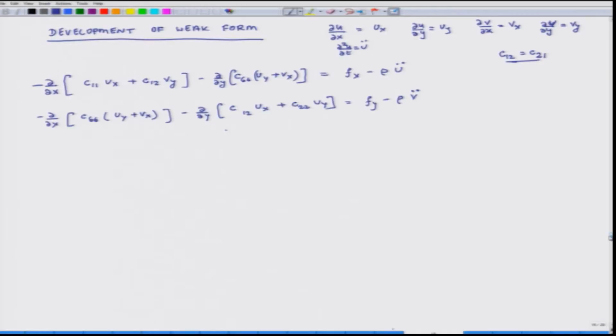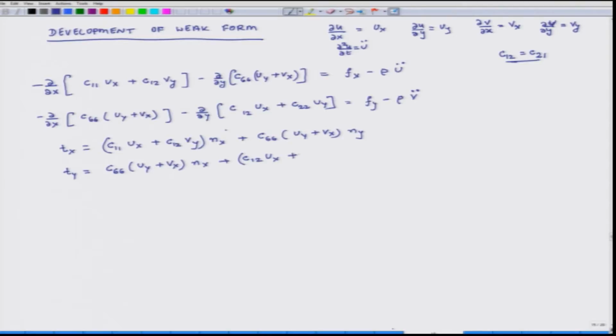And then we had relations for tractions, right. So, we will also rewrite relations for tractions as Tx is equal to C11 ux plus C12 vy, times nx, plus C66 times uy plus vx, times ny, and traction in the y direction equals C66 times uy plus vx, times nx, plus C12 ux plus C22 vy, times ny.